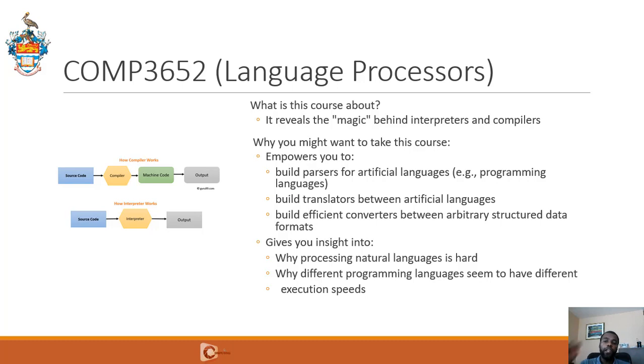Okay, and then you also learn how your computer automatically manages memory to avoid memory leaks. Right, so Java, for example, does memory management. Okay, whereas a language like C or C++, you have the programmer that has to manage memory himself or herself.